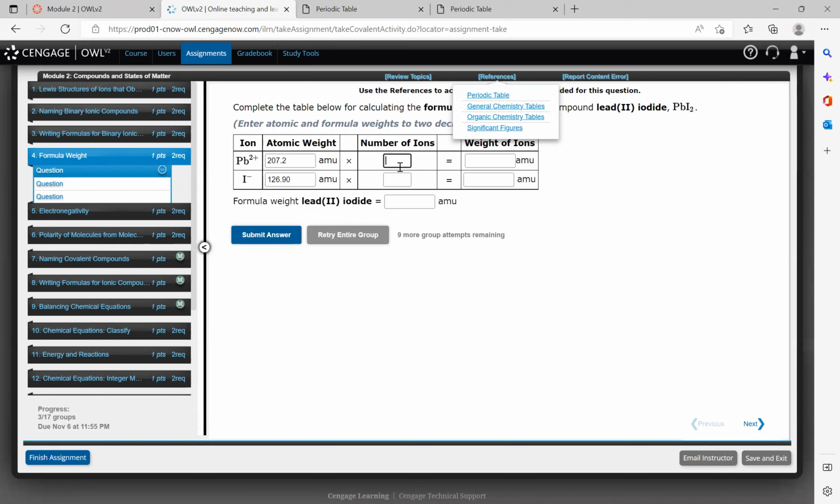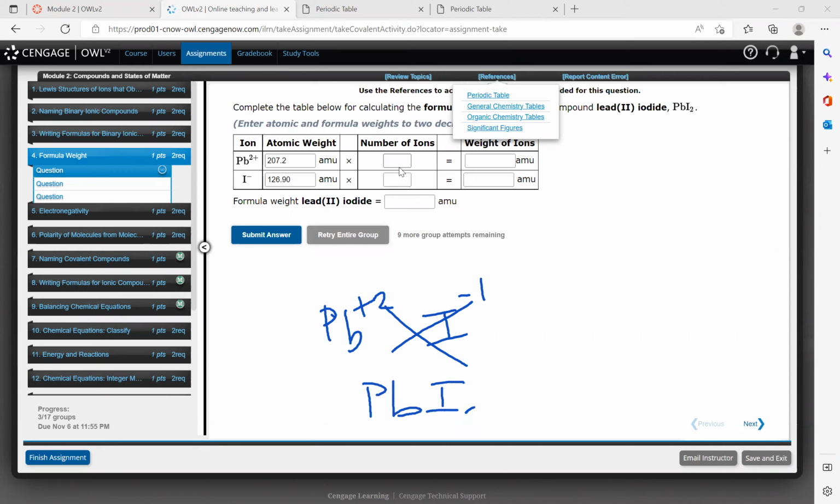But now we have to care about how many ions we have. Now, again, we're going to put this into a compound form. So Pb plus 2, I minus 1. We're going to do our cross, and we're going to have 1 lead for 2 iodine. So the number of ions for lead would be 1. The number of ions for iodine would be 2.